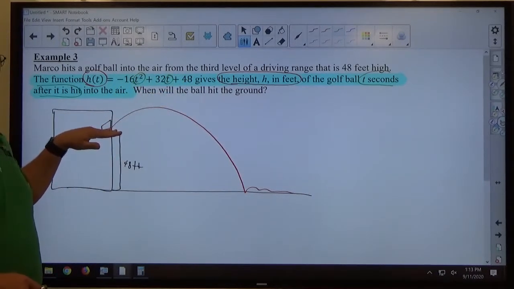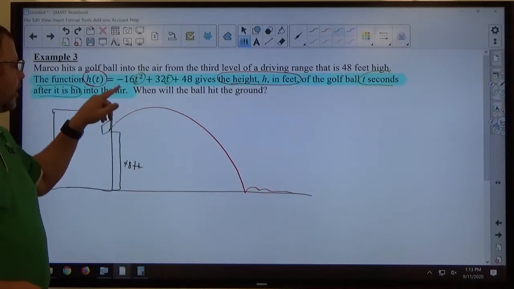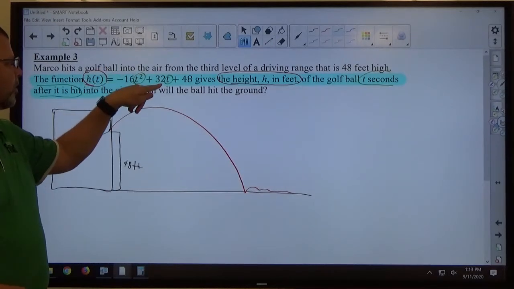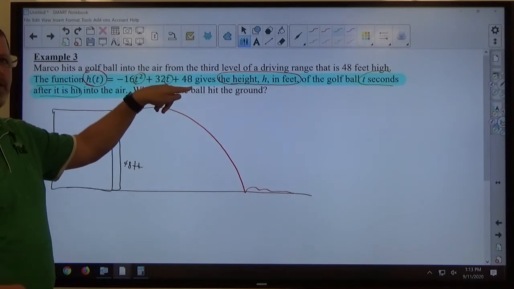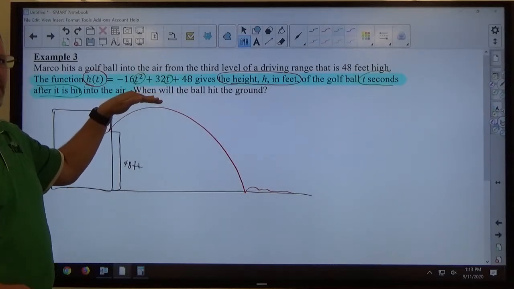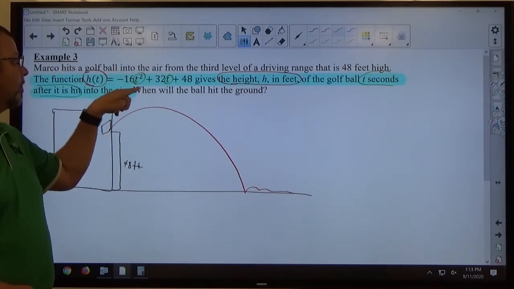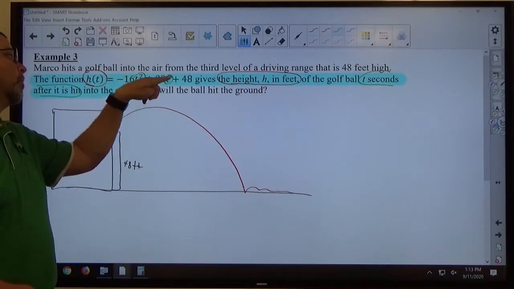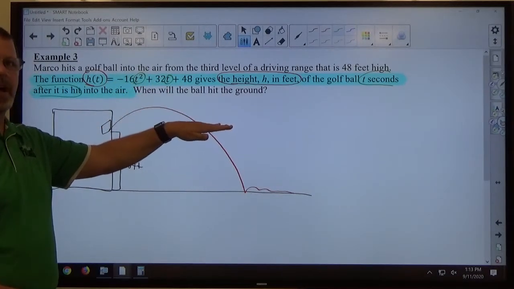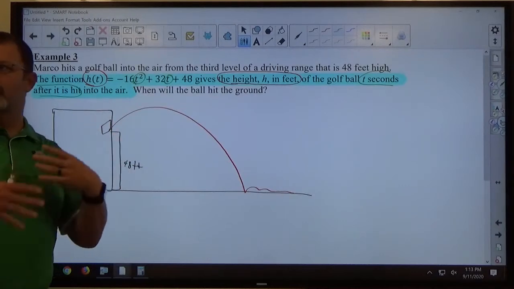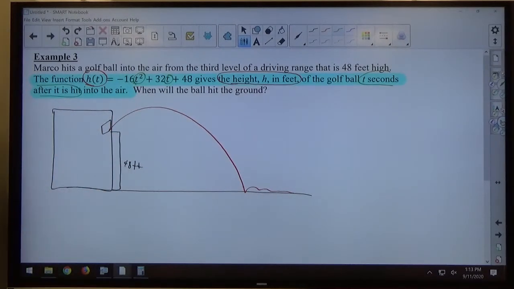The ball's right there. 1 second after he hits it, negative 16 plus 32 is 16, plus 48 is 64. It's 64 feet high. 2 seconds after he hits it, negative 16 times 4 is negative 64, plus 64 is 0, plus 48. It's back to 48 feet high, and so on. So you can just put numbers in and figure out some stuff like that.